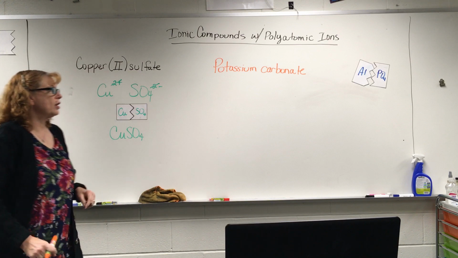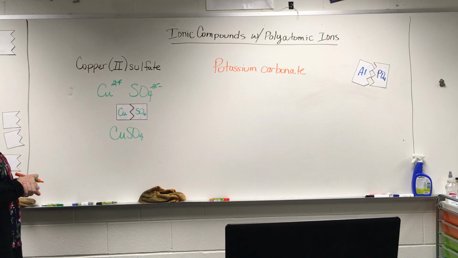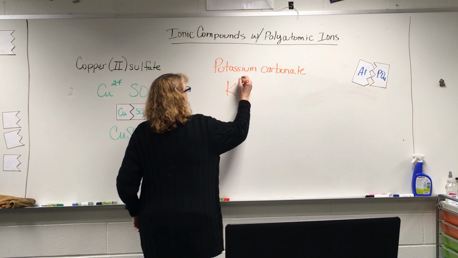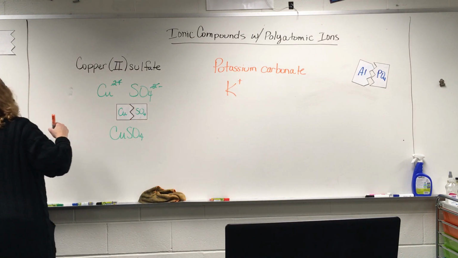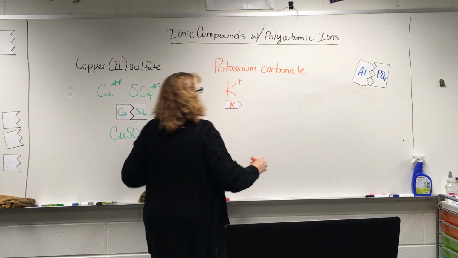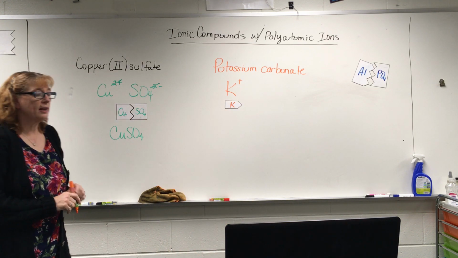Now, what is the charge on potassium? +1. +1. So we just write it as a K with a plus at the top. So here's my potassium.